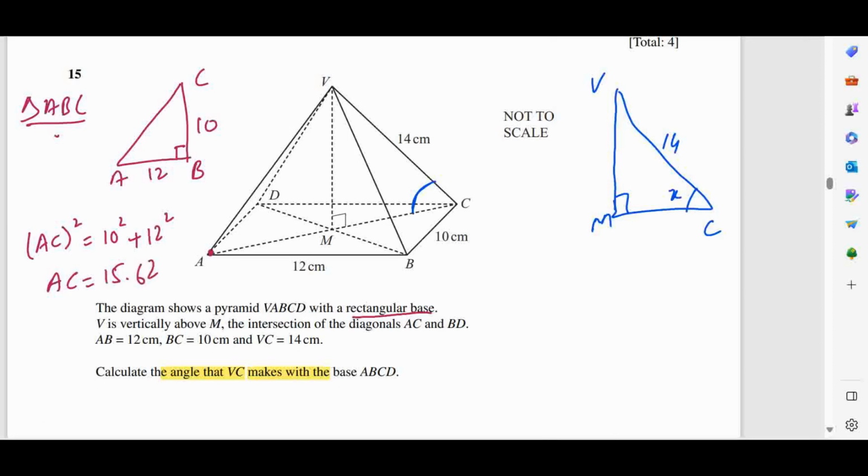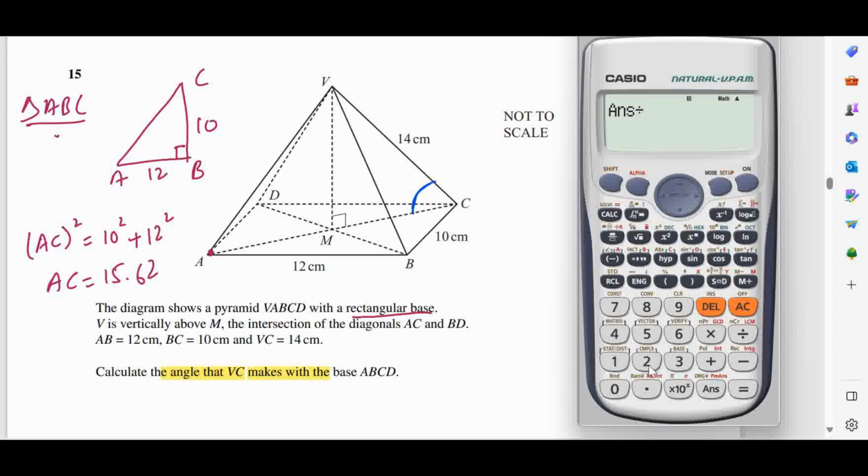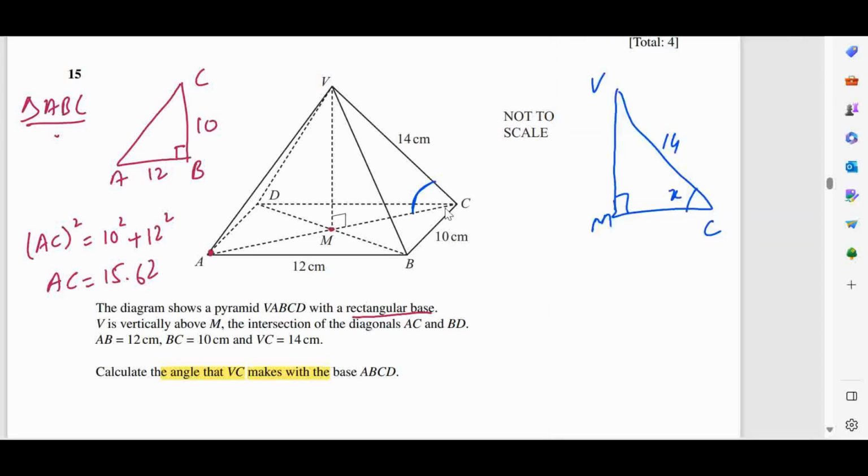Then we have to divide it by 2 for MC, because as we know, this side M to C is half of the side AC. So we have to divide it. This will be square root of 61 over here.